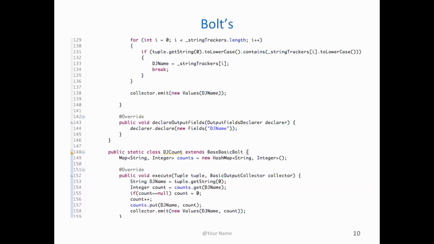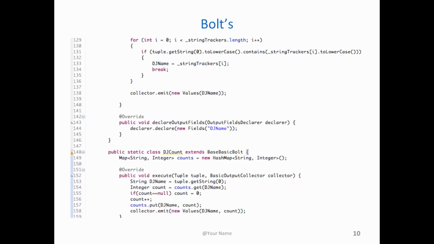Here you see the code for the different bolts. The first one looks for one of the top 100 DJs in the tweet, and it emits the DJ name.